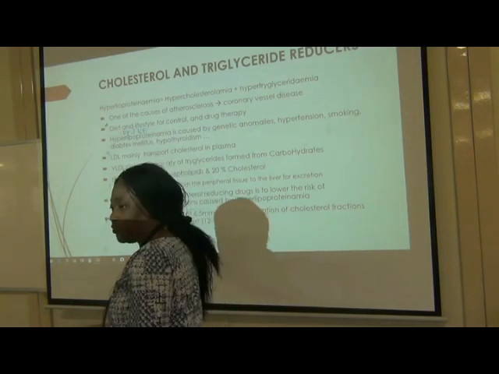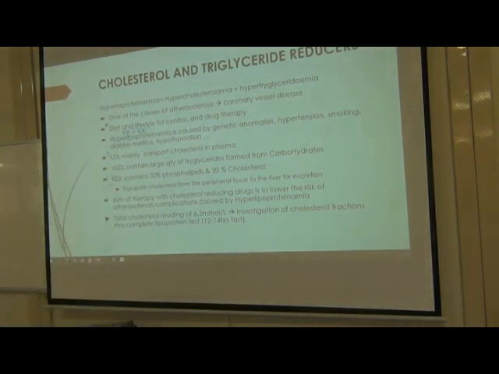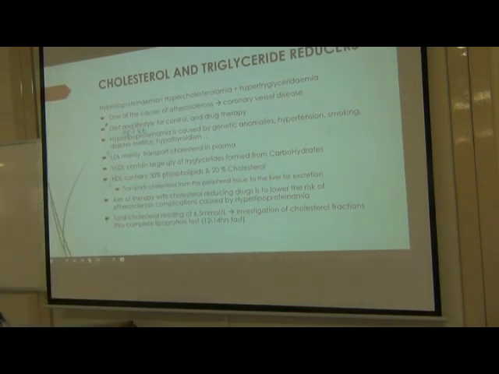Also take note of, in your textbook, there is a side note that talks about the desired amount of HDL and LDL in males and females. Take note of that. Okay? Here it says total cholesterol reading of above 6.5 millimole per liter requires a lipoprotein profile to be done on the patient.